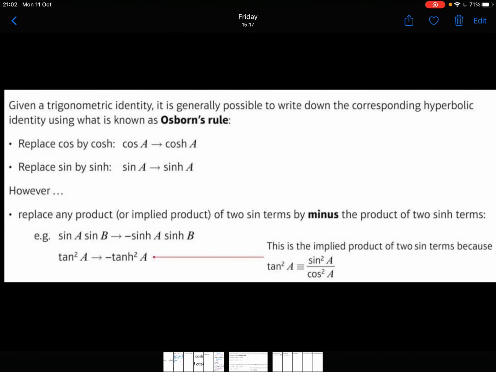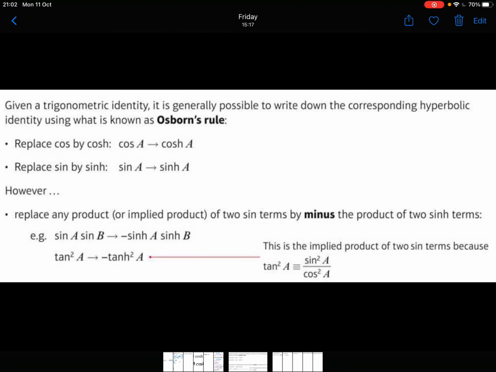This is called Osborn's rule, where if you have a trigonometric identity, something that you've been using in A-level maths over and over again with trigonometric functions, you can write down the corresponding hyperbolic identity where you replace the cos with cosh and you replace the sine with sinh.